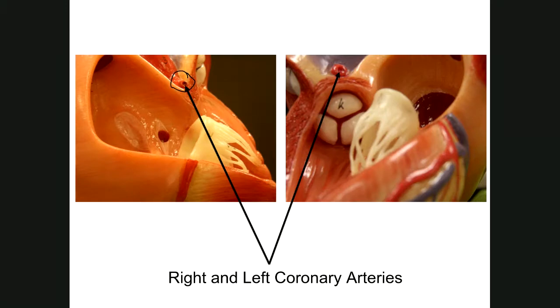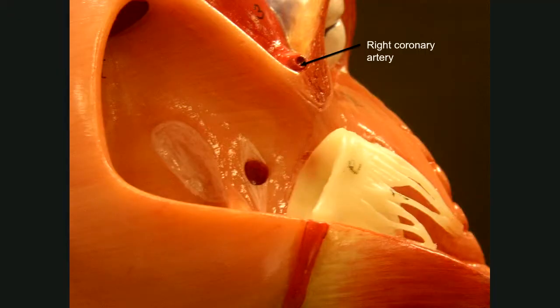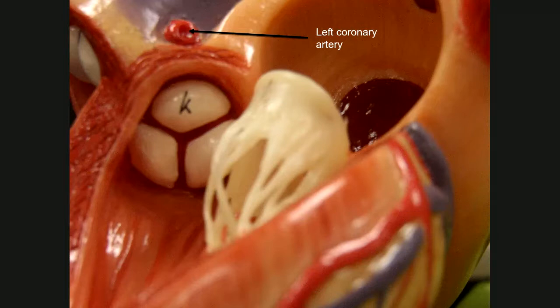But look, this one went behind the pulmonary trunk. Here's the pulmonary trunk, there it is right there. It went behind it. So this one is the right, and this one is the left. So we look at it here. There's the right, and there's the left.